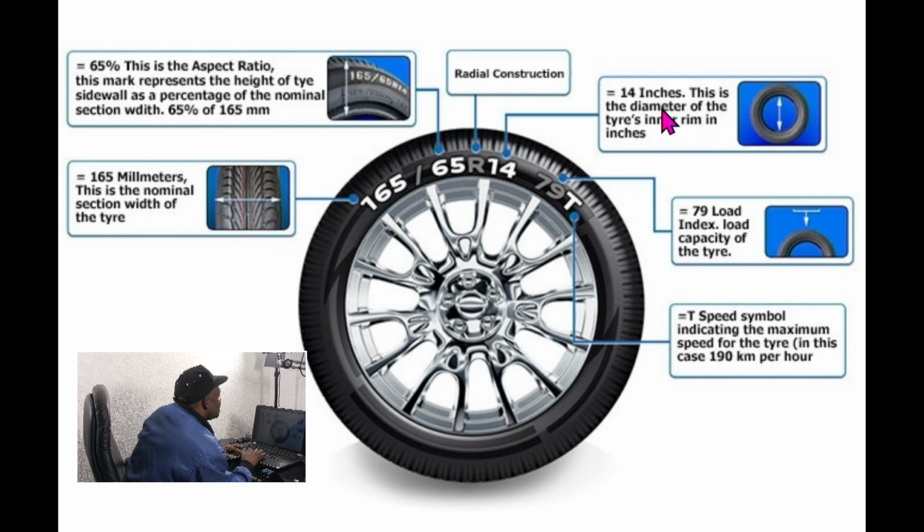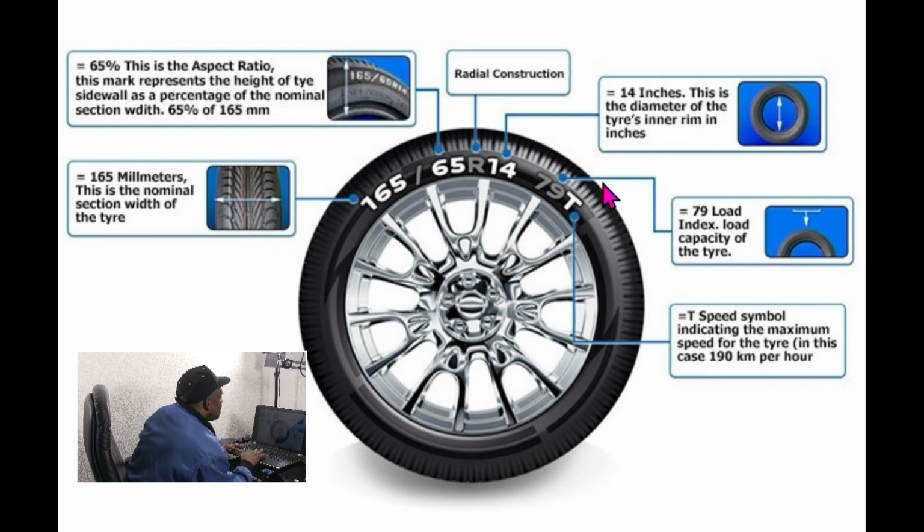This is the diameter of the tire's inner ring in inches. Watch my mouse, from the top to the bottom, that is the rim, that is this 14, what it means.